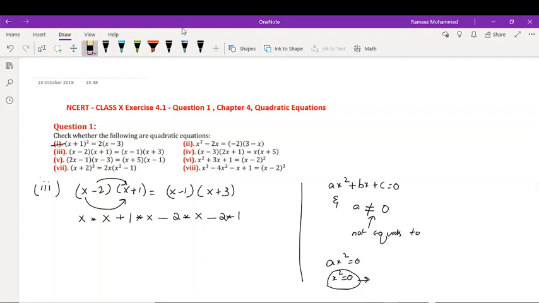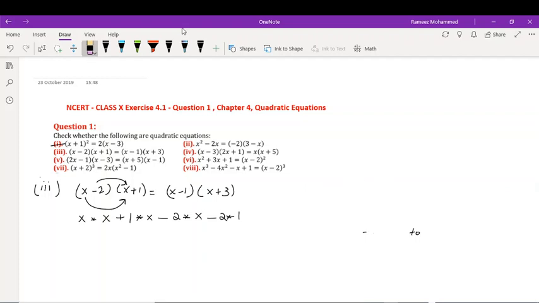So before that, let me just strike off this. I will multiply x to x plus 3. I'm sorry, it's a typo.